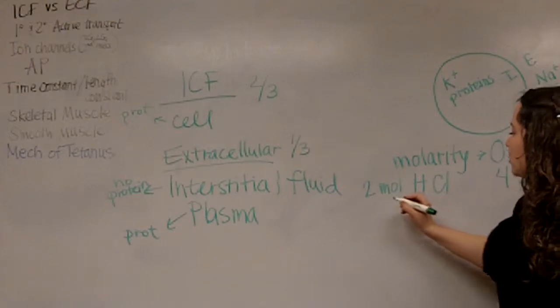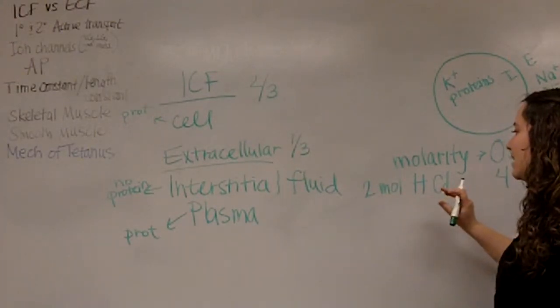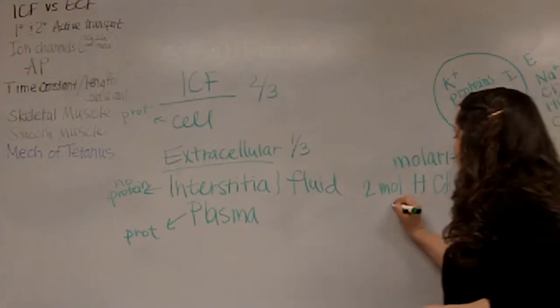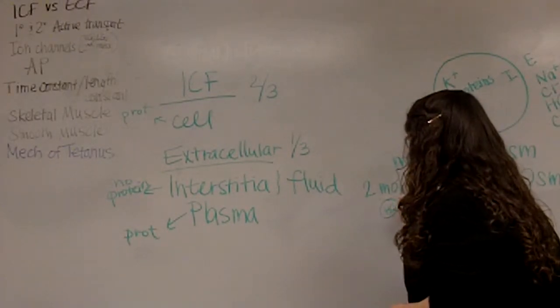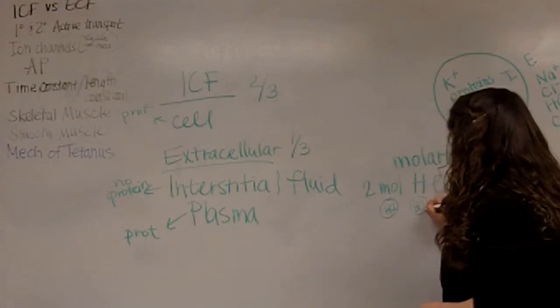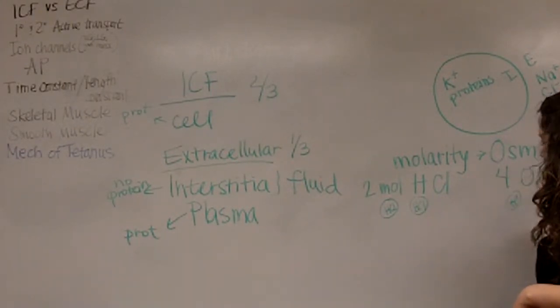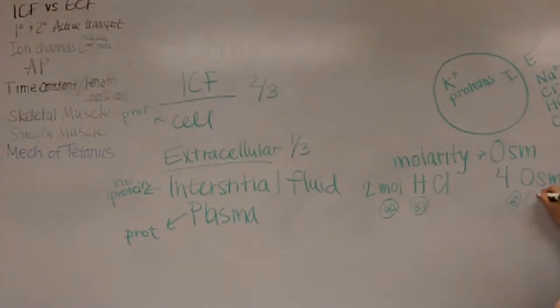Molarity is saying how many particles of HCl you have, and you have 2. But osmolarity is counting the number of particles. When you put HCl in water, it breaks apart into H plus and Cl minus, so you're counting how many individual pieces.